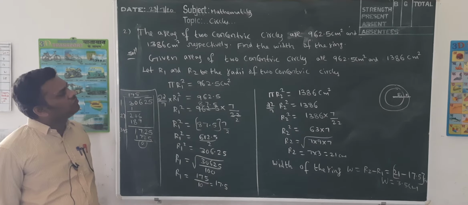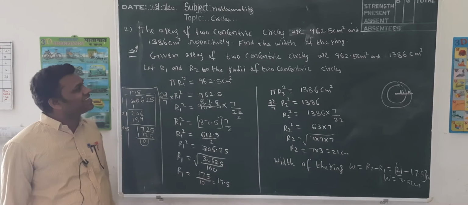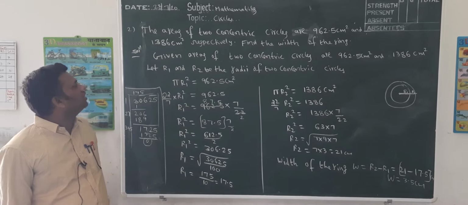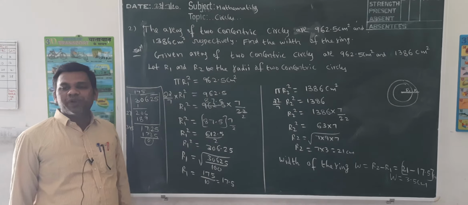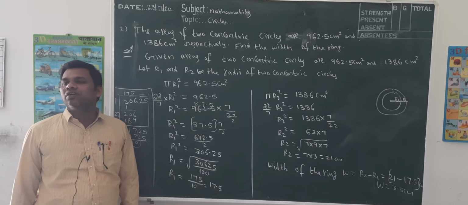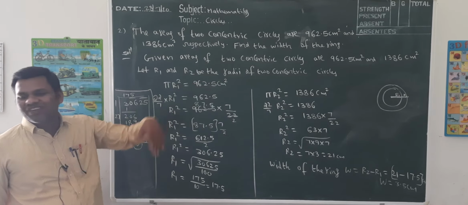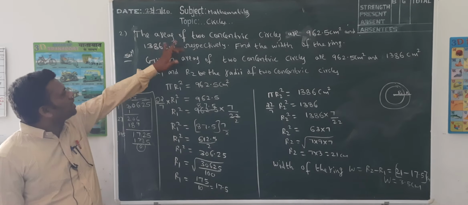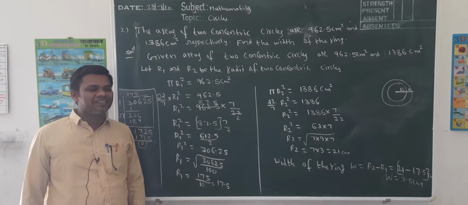Find the width of the ring. Width of the ring means the difference of their radii. Okay. The areas of two concentric circles are given. What are concentric circles?